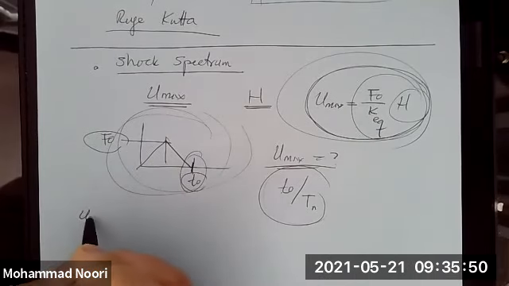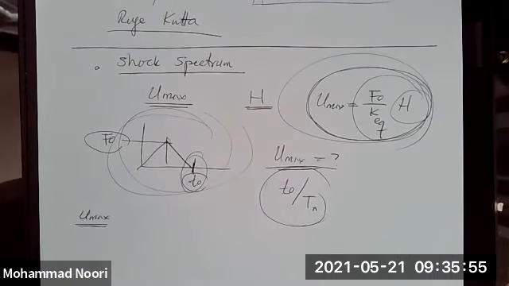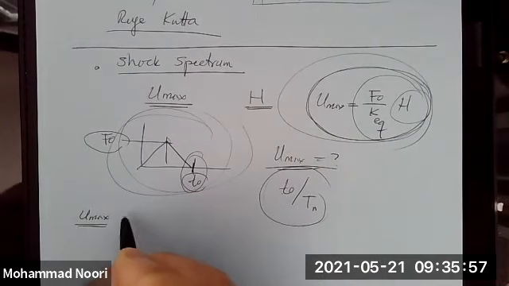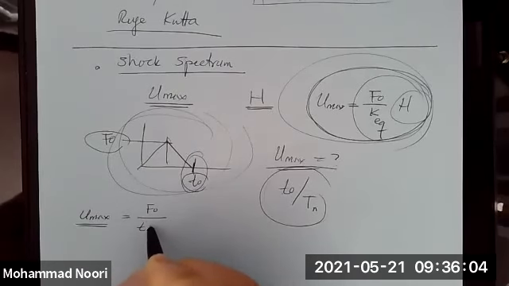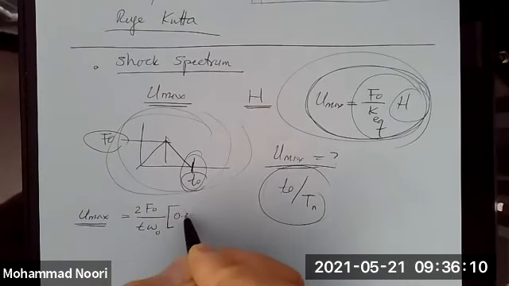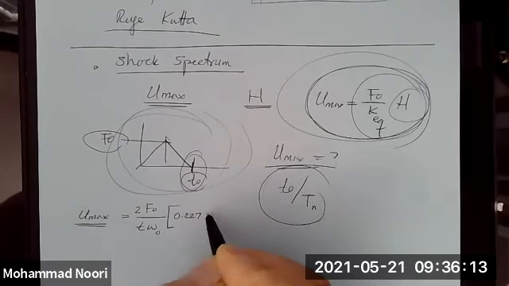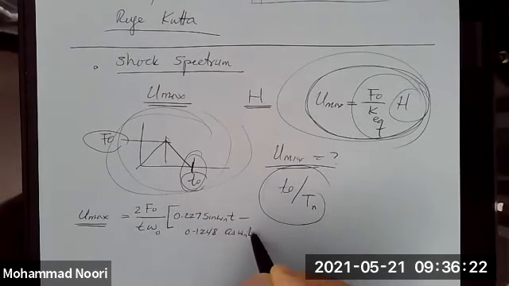And we came up with the maximum displacement, which was something like F naught over K omega naught times 2 times 0.227 sine omega n t minus 0.1248 cosine omega n t.